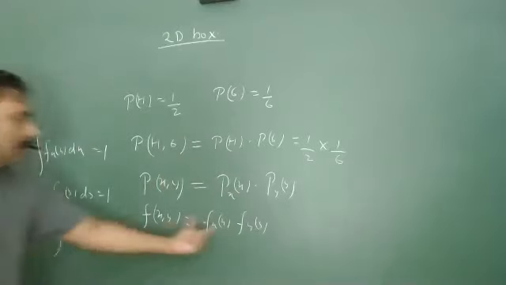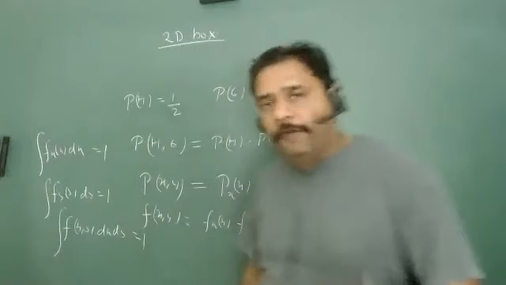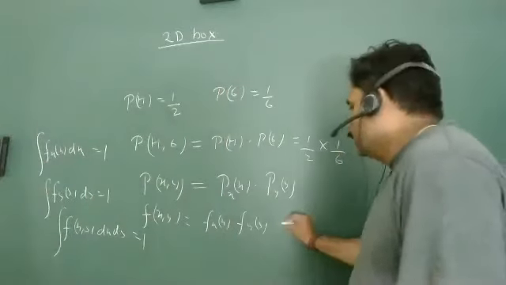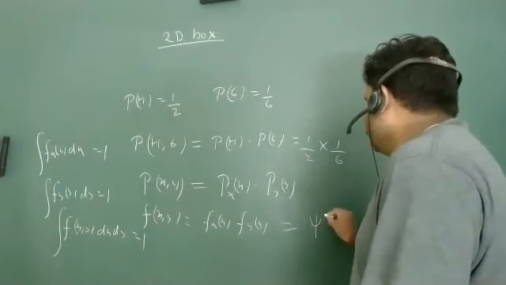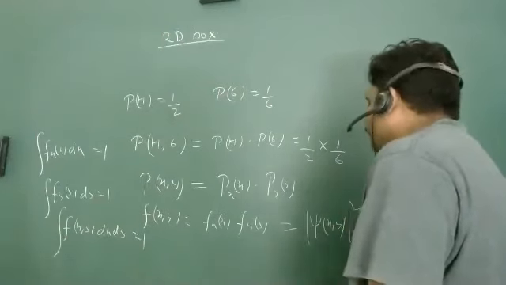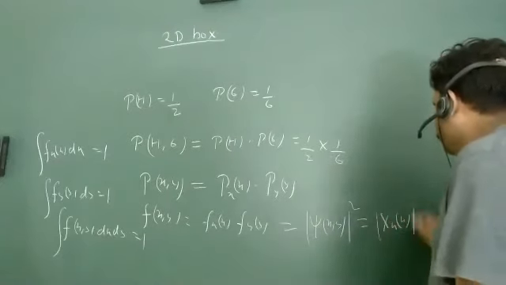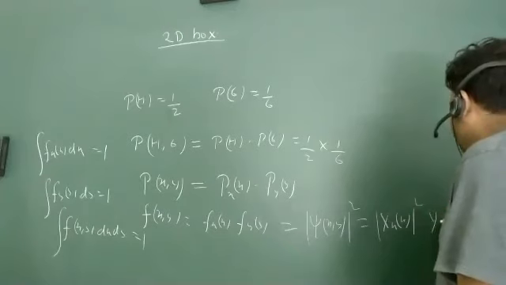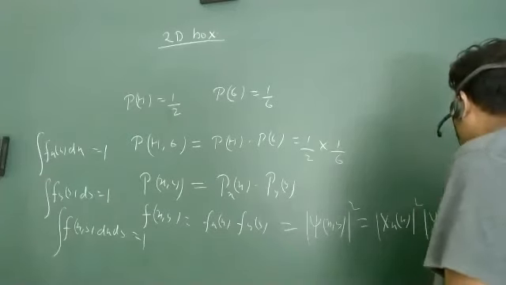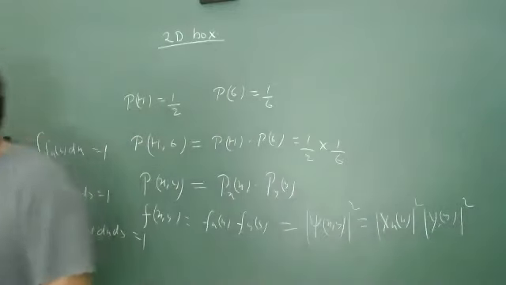So now this probability density is directly multiplied for the independent variable. Then we can take |ψ(x,y)|² equal to X(x) |ψ|² and Y(y) |ψ|², if we are writing in terms of wave function.